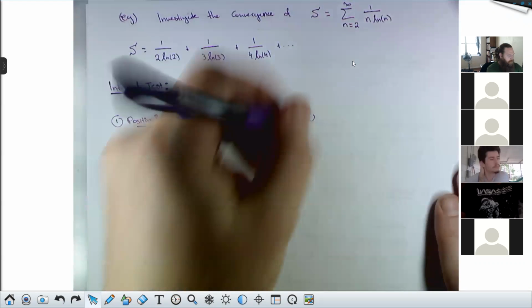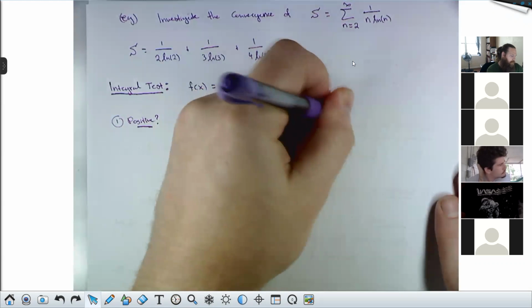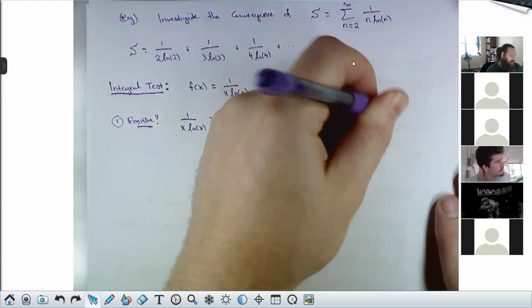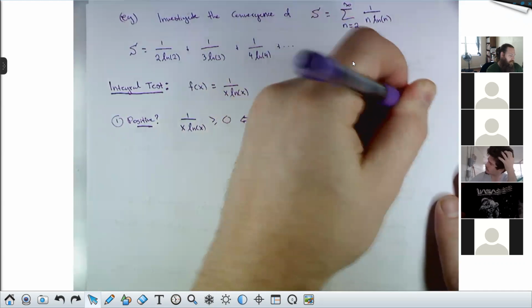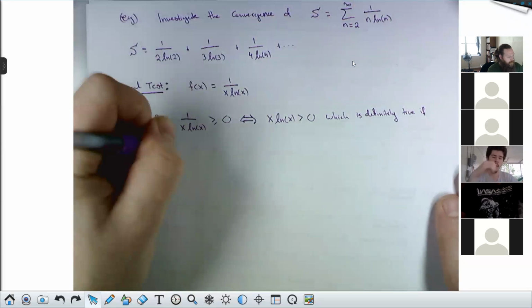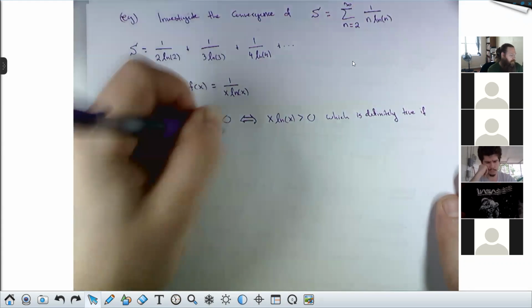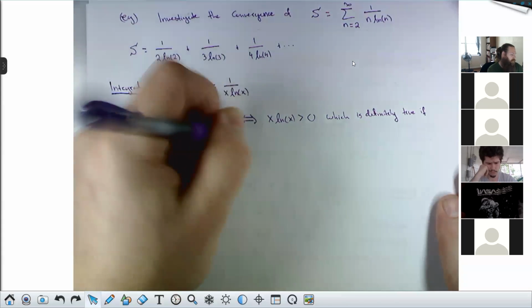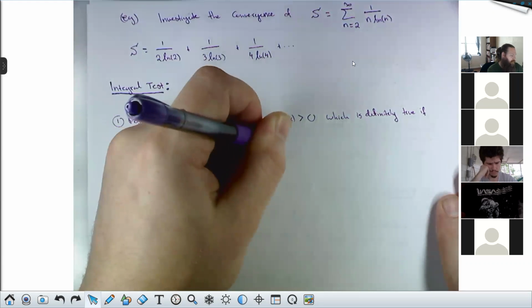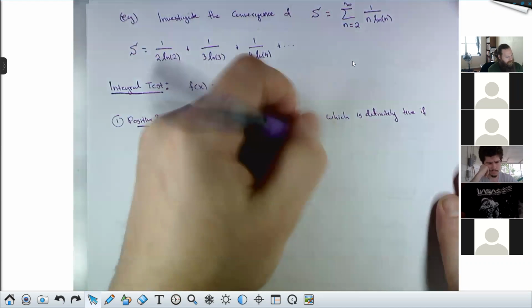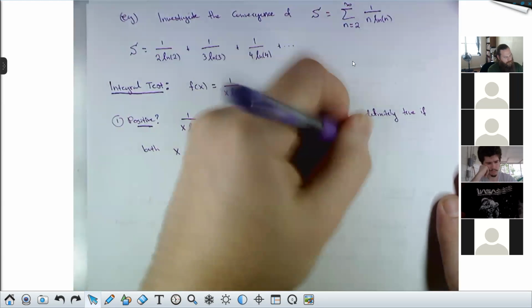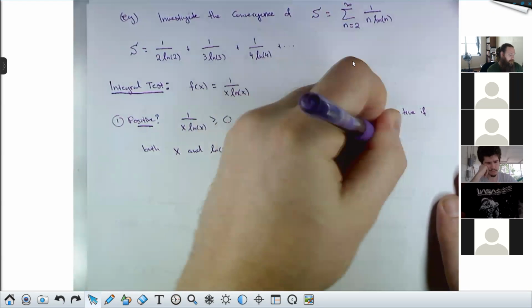Well, this is certainly true if both x and the natural log of x are positive. x is positive when x is greater than 0.